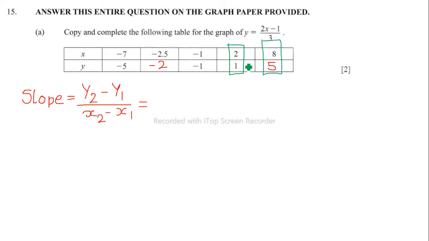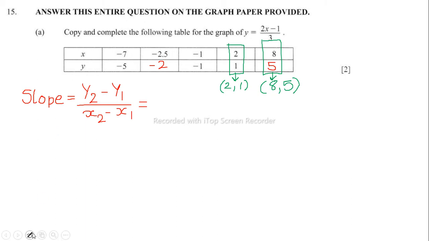All right, so this is the point (2, 1), and this is the point (8, 5).